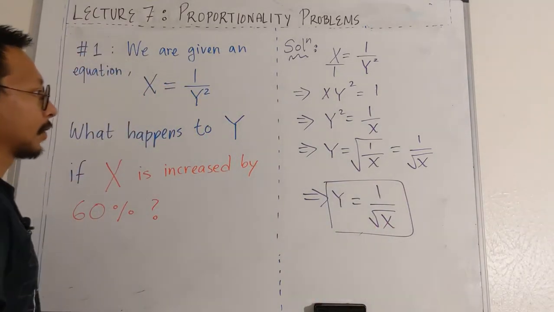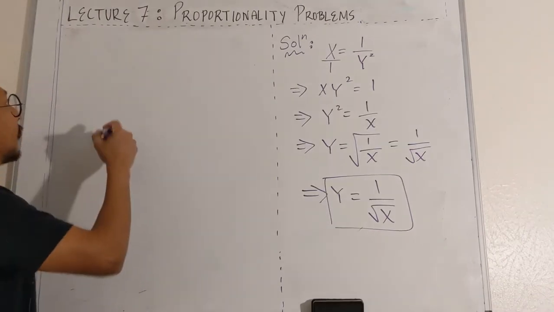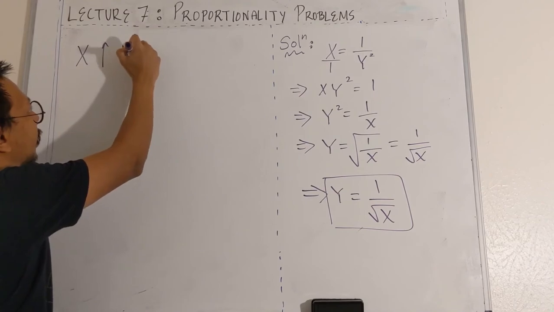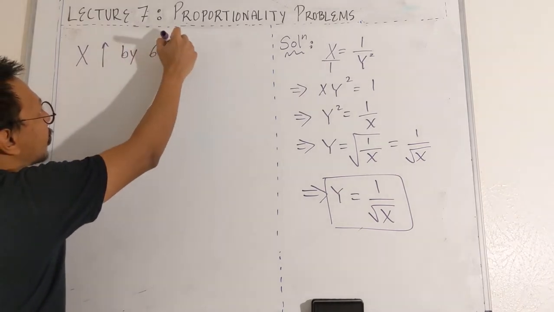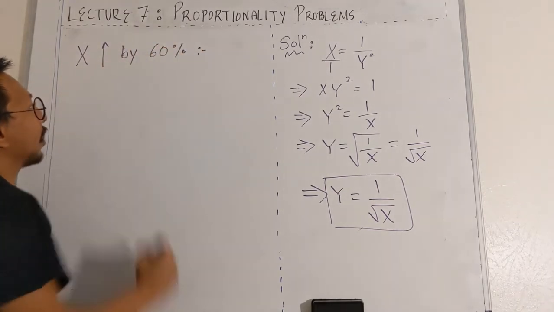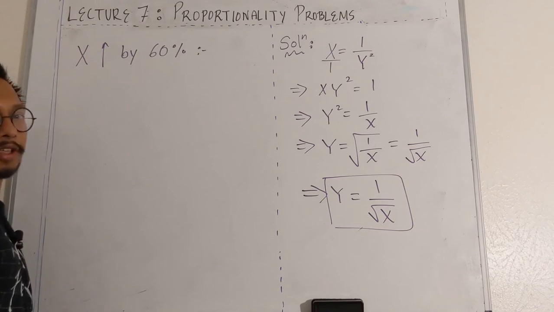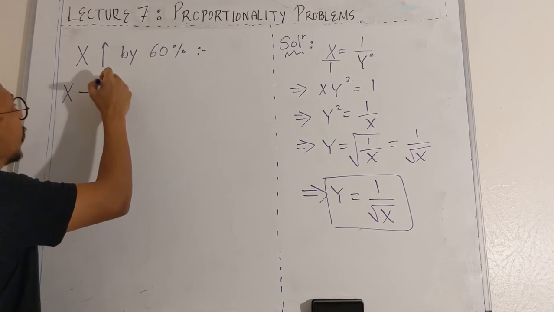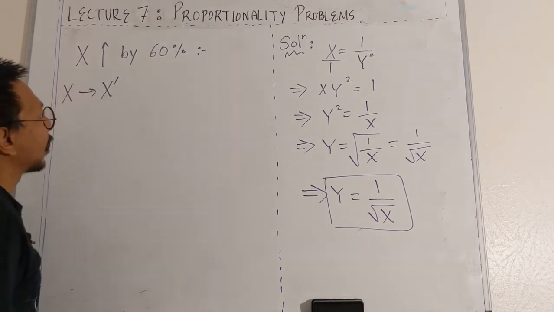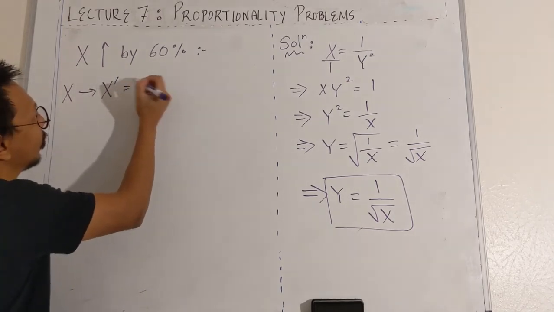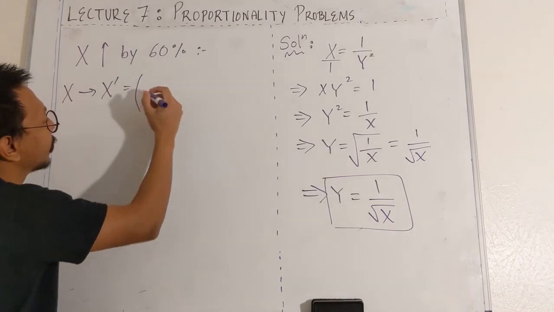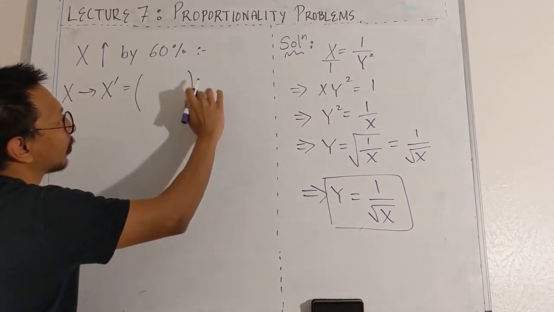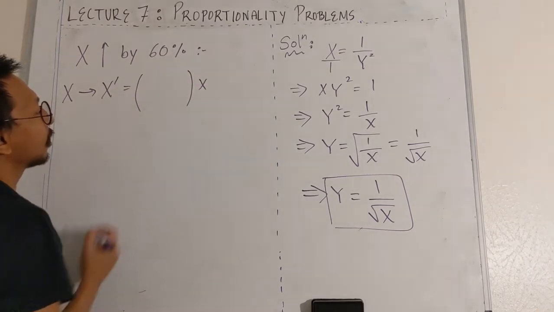Alright, the question tells us that x has increased by 60%. That means whatever x was in the beginning, it is now 60% more. So x has gone to a new x, which we call x prime, which is equal to an increased form of the original x. What is the increased number?